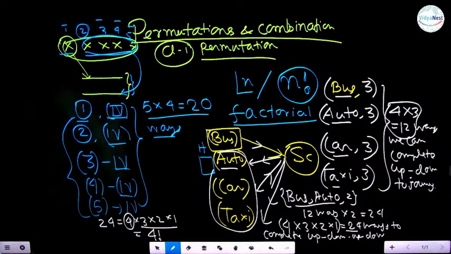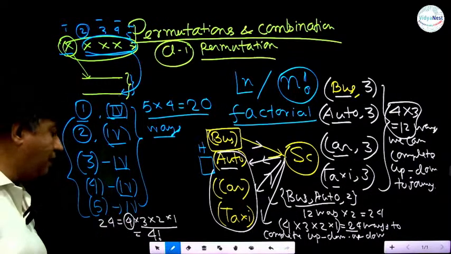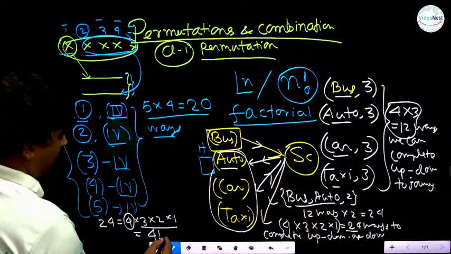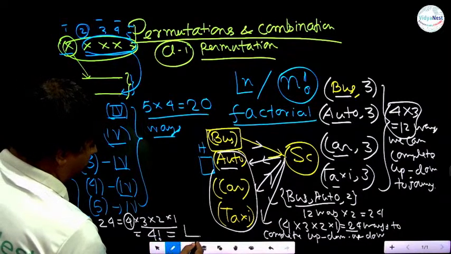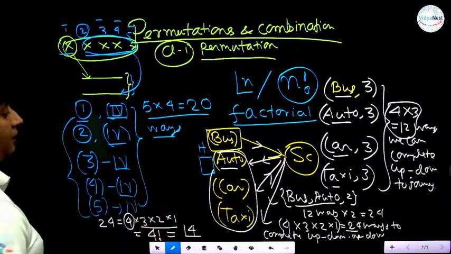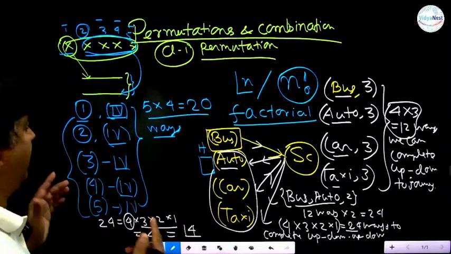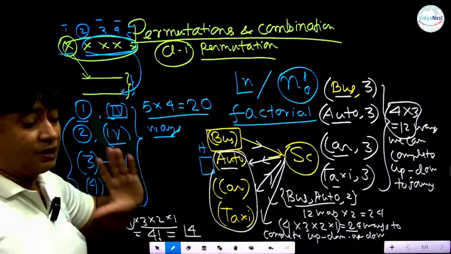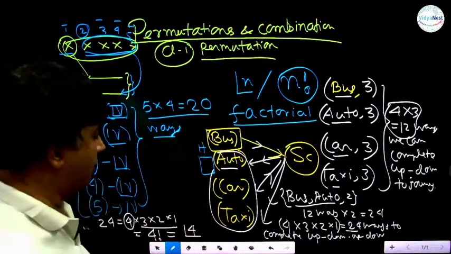You denote it by either exclamatory sign or factor sign. So this is the concept of factorial, which will play the key role in permutation and combination.